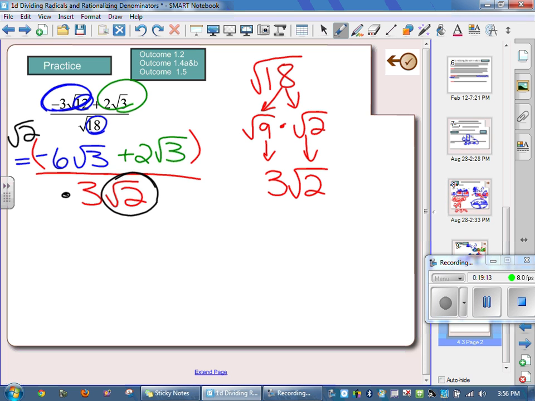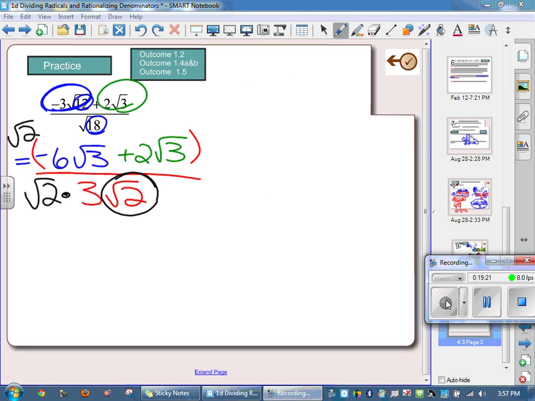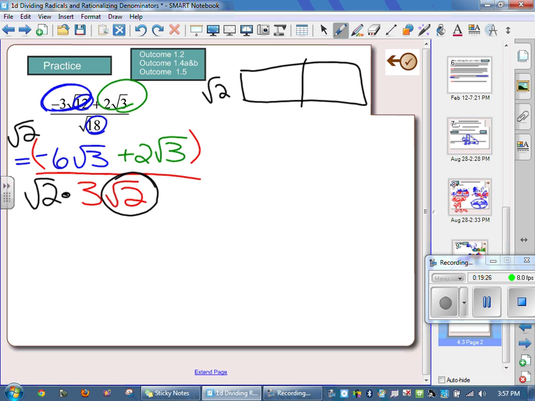So let's simplify our top. I'm going to multiply my top. I've got root 2 multiplying into negative 6 root 3 and 2 root 3. So I've got negative 6 root 6, and then I'm going to get 2 in front, the hidden 1 multiplied by the 2, to give me a 2 root 6.